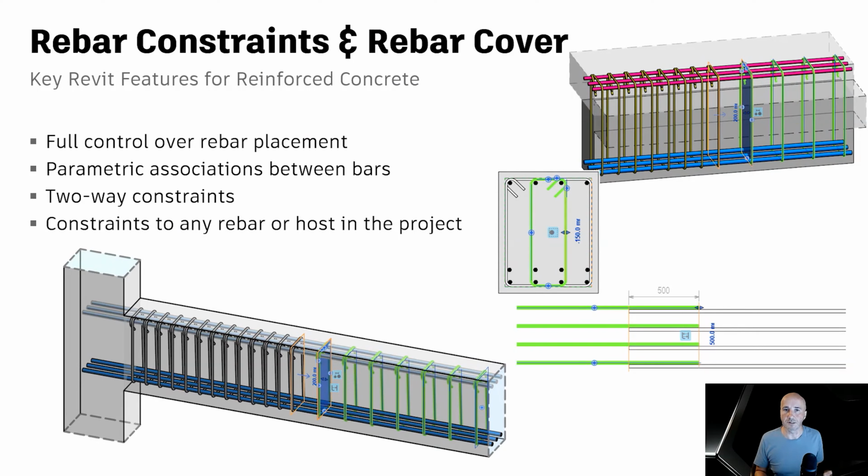For the concrete element to work as expected, corrosion resistance, etc., it is very important for bars to respect the concrete cover. In Revit, every concrete element has concrete cover settings defined. These settings can be managed and overridden.